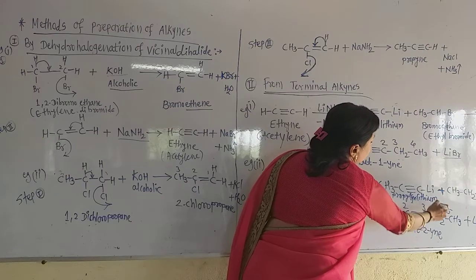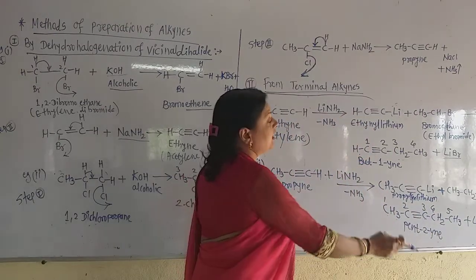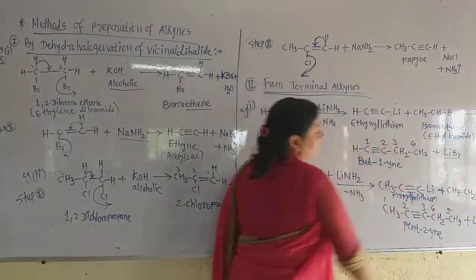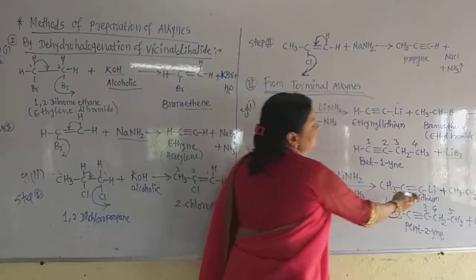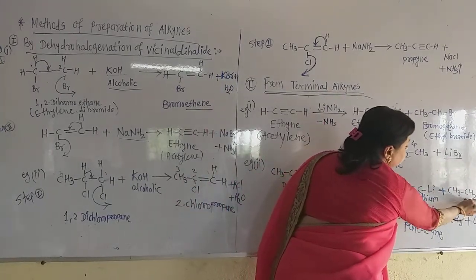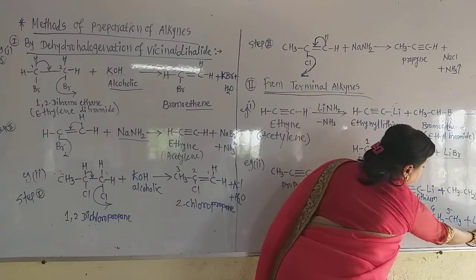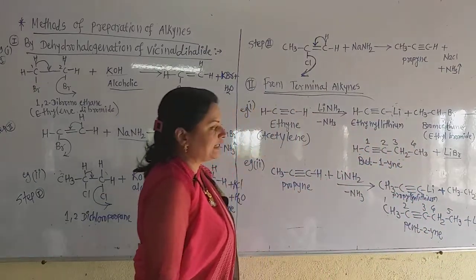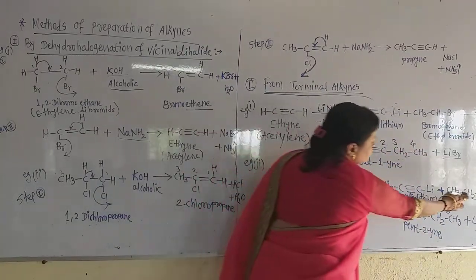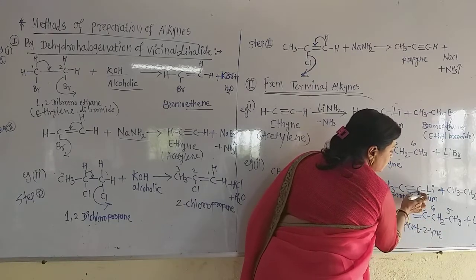And this propynyl lithium, when it reacts again with ethyl bromide, what happens? This lithium gets replaced by this ethyl group, and lithium and Br form LiBr as the byproduct, lithium bromide, and this CH2CH3 gets attached to this carbon.